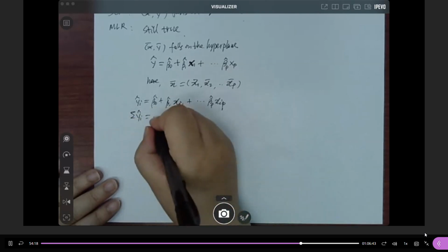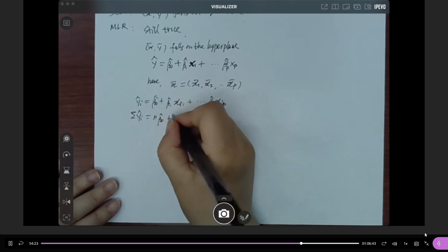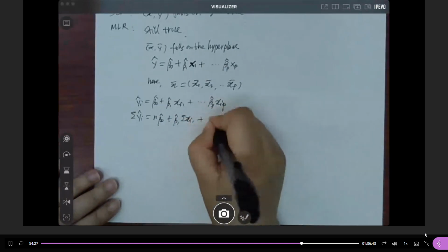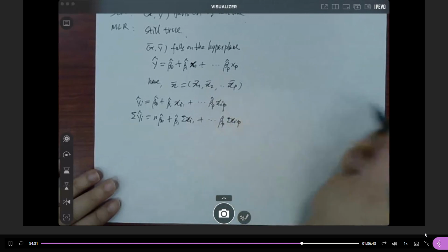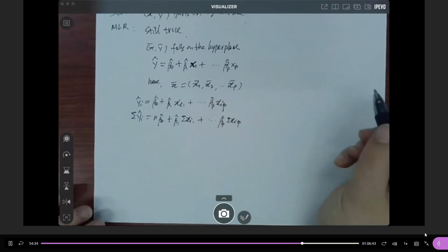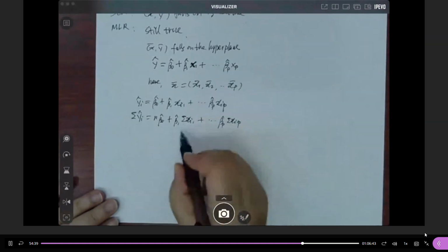When you do summation over this, you get n times beta 0 hat plus beta 1 hat summation xi1 all the way to beta p hat summation xip, right? So what is the summation?